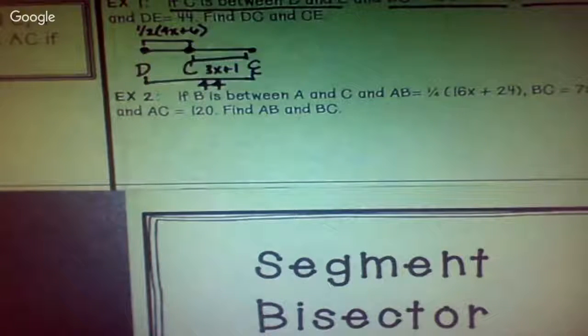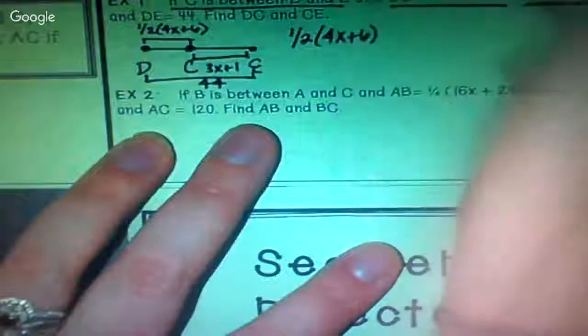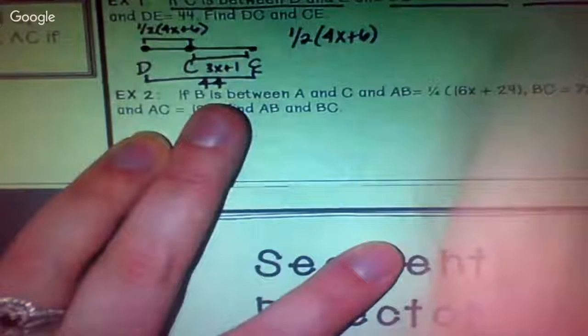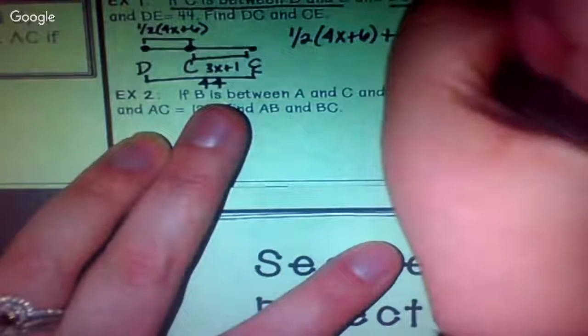We're going to have to solve for x. Okay, we need to find what x is. According to my postulate, if I take the 2 smaller pieces and add it together, it should be equal to my big piece. So my first small piece is 1/2 times 4x plus 6. My second small piece, I need to add to that.